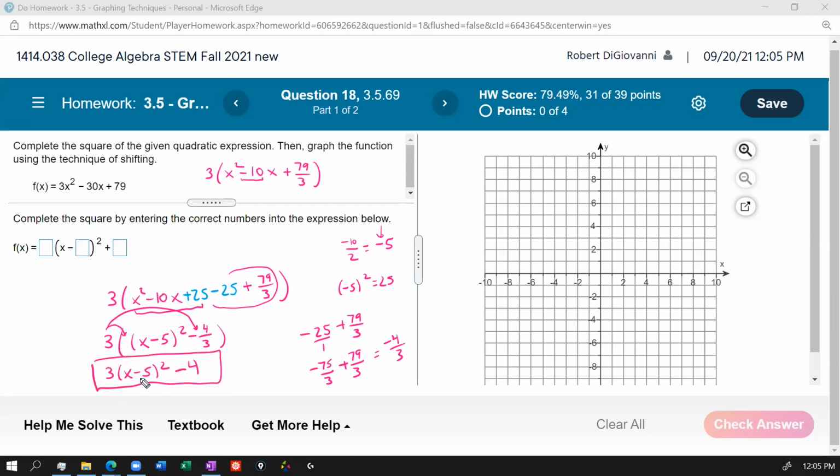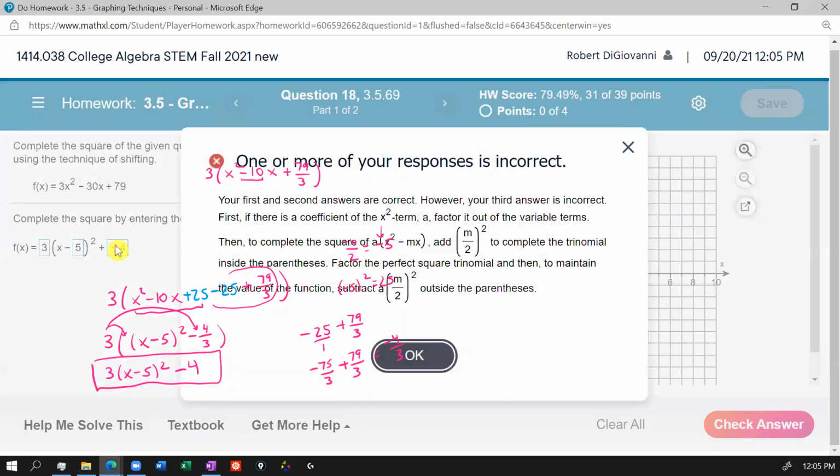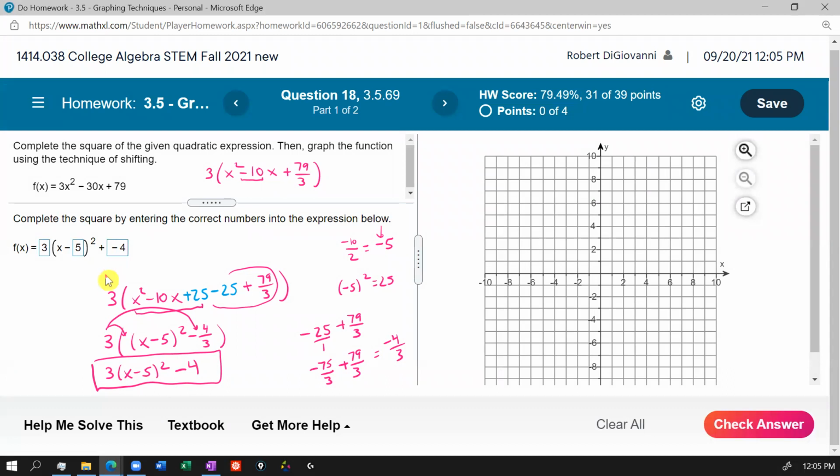So this is a parabola. It's been moved to the right 5, stretched out vertically by 3, and down 4. Maybe I should put this here. 3 minus 5 plus -4.